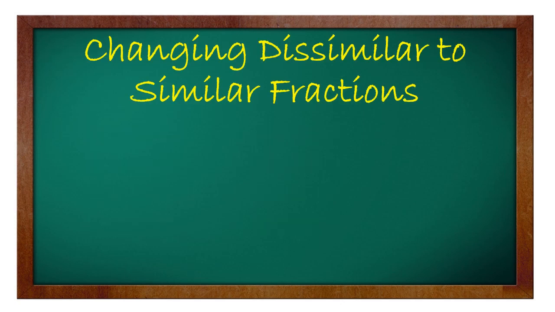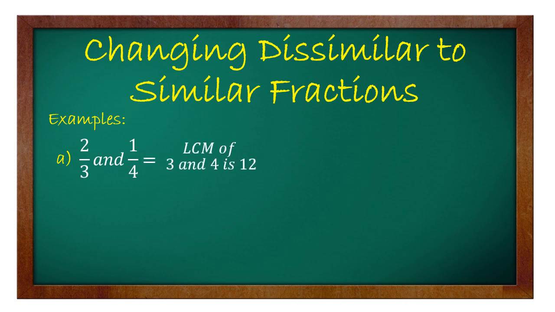Okay, now, let's continue changing dissimilar fractions to similar fractions. So, we have 2/3 and 1/4. How do we do that? So, yung ating denominators ay 3 and 4. That means ang LCM nila ay 12. So, magiging 12 yung denominator natin. And then, 12 divided by 3 is 4, times 2, so kaya naging 8 yung numerator natin.